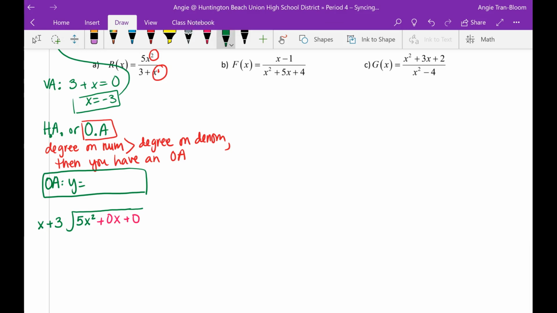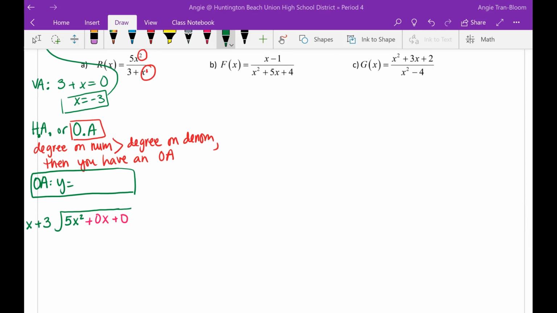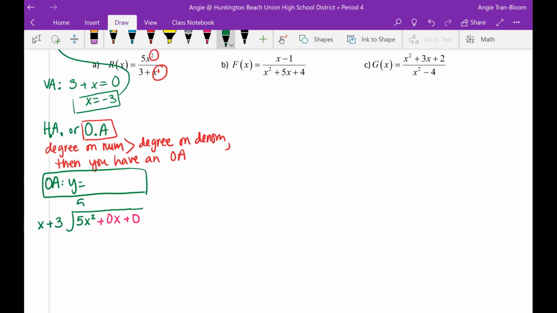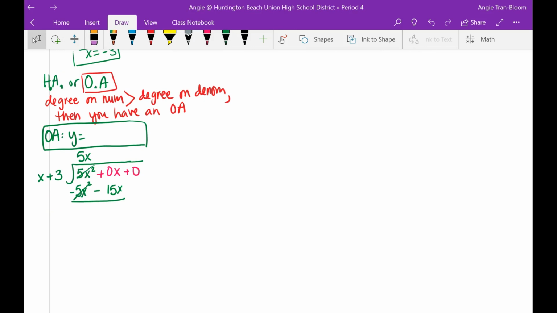So, when I take 5x squared divided by x, I now get 5x. I'm going to multiply back and change the sign. 5x times x is positive 5x squared, but I need to change it to negative 5x squared. 5x times 3 is 15x, but I need to change the sign to negative 15x. When I cancel, that is now gone.